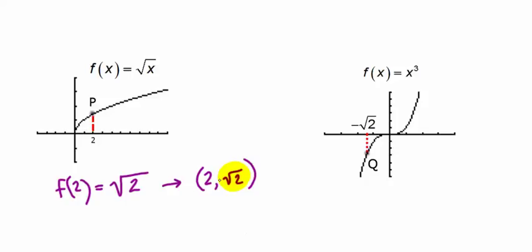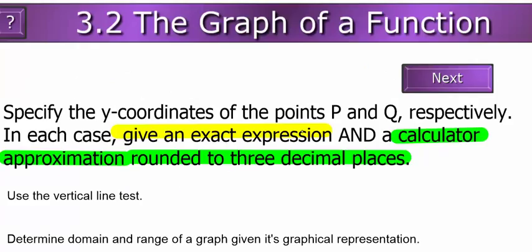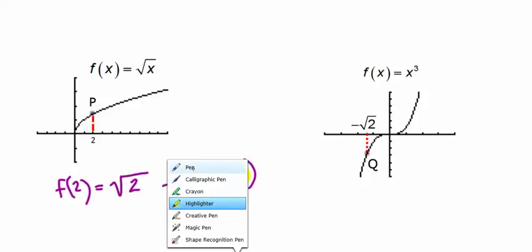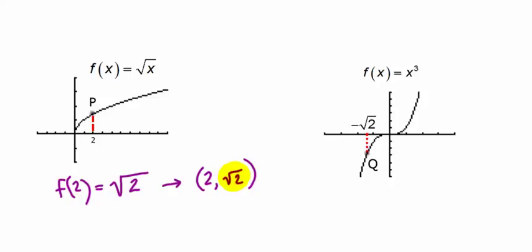And notice how I'm using the color yellow. An exact expression is going to use the yellow highlighter, and there's our square root of 2. We also can show this as an approximation because not all of us know the value of the square root of 2. So if we put this into our calculator, I'll let you put that into your calculator right now.